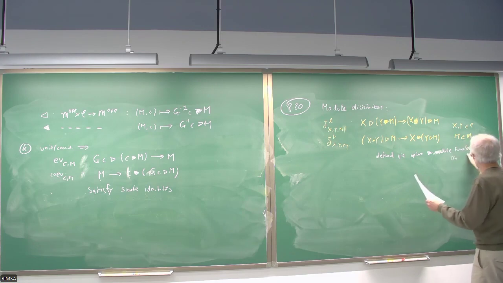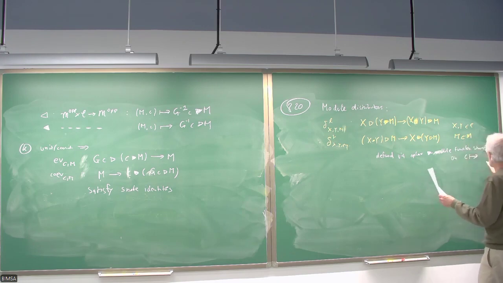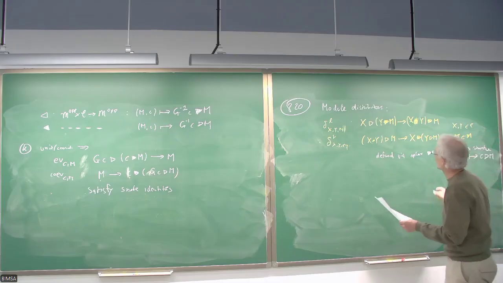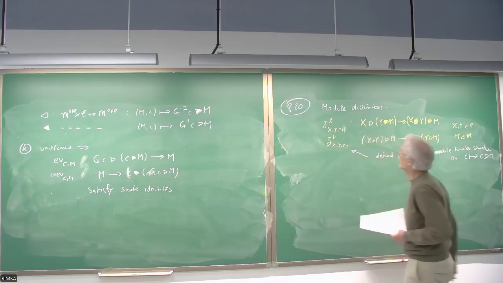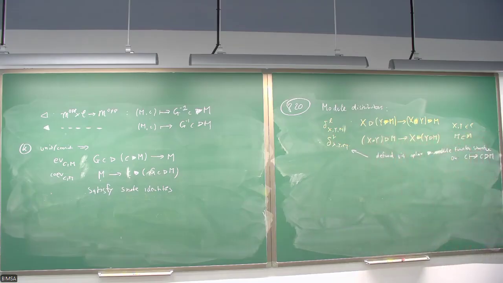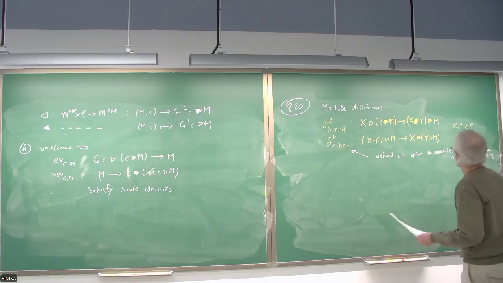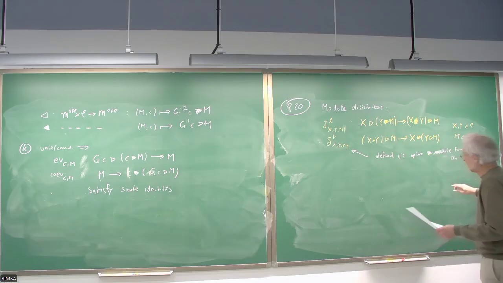On the functor that is given by C, sending C acting on M, that gives us delta R, and this exists. The functor has such a module structure by definition.